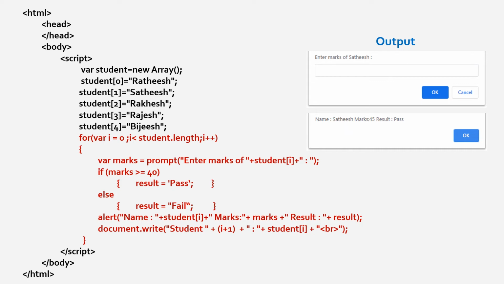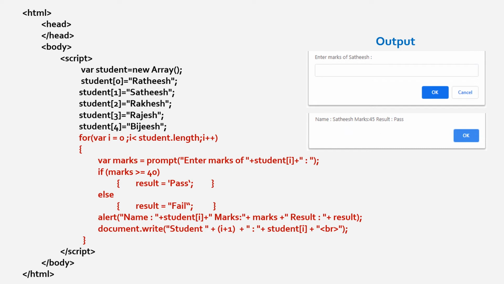There initially it is asking to enter the marks. So the prompt will be executed. A pop-up will come, asking you to enter the marks of student 1. Enter the marks of Ridish. It will ask like that. So you need to enter the marks of Ridish.